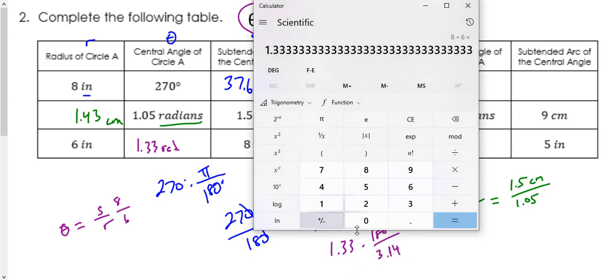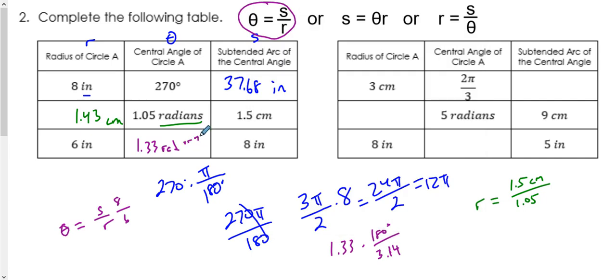So you're talking about 76 or so degrees. So that's how you can use two of these pieces of information to find the third.